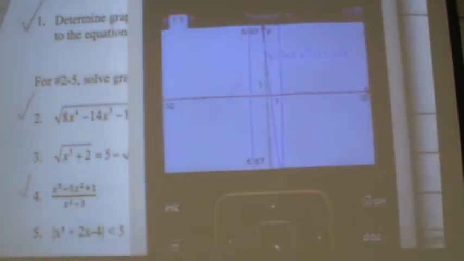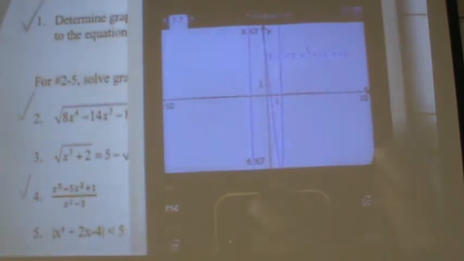Okay, now this question, which is going to be on your exam, simply says, how many solutions are there? How many times is this thing hitting the x-axis? 3. There's 3 solutions. Now, if I asked you what the solutions are, do you remember how we did it?